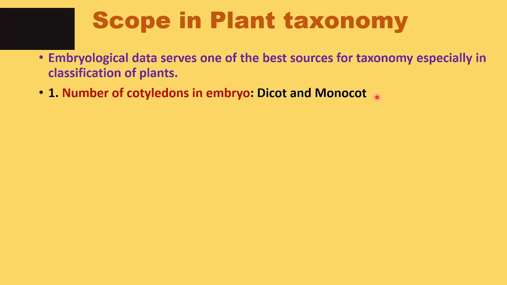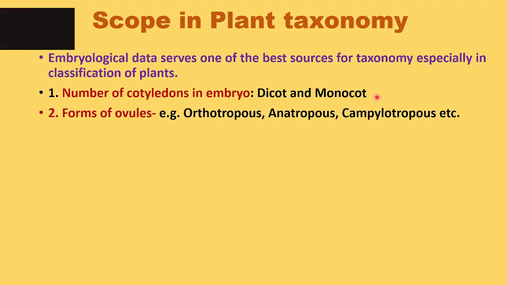So this is very important and the most useful data of embryology for plant classification. Not only this, forms of ovules are also applicable in the classification of different types of plants. For example, different plants contain different types of ovules.